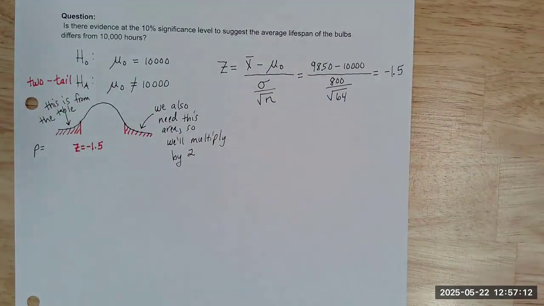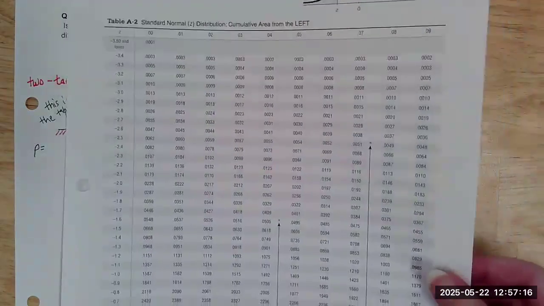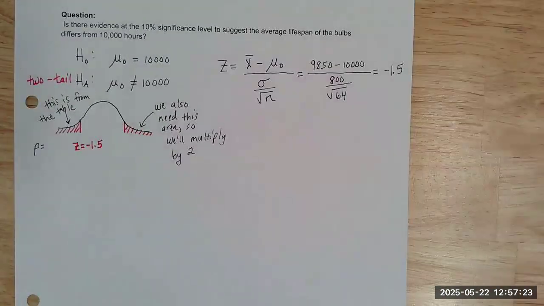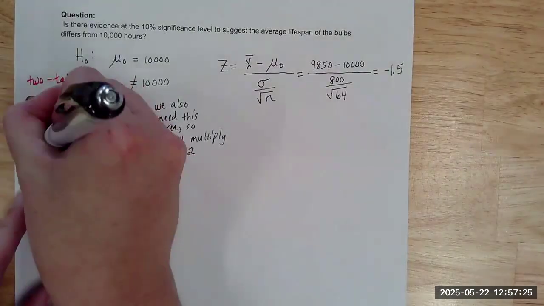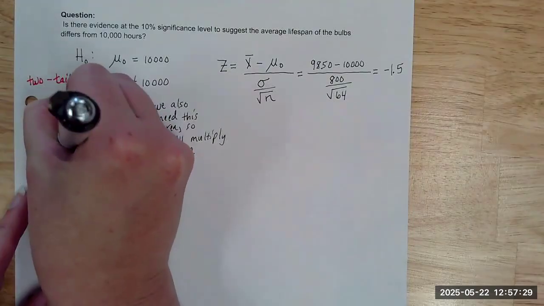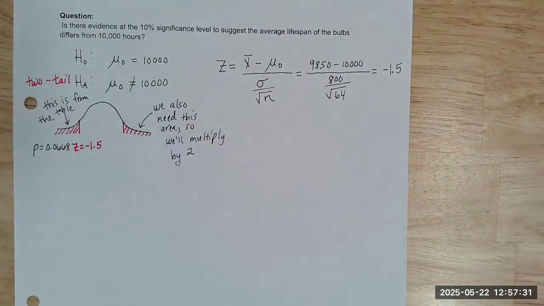So the p-value that I get from the table for negative 1.5 is 0.0668. So I got that p-value from the table.